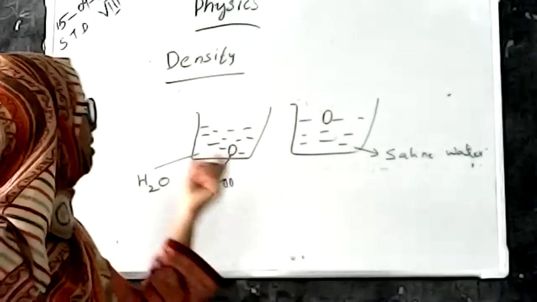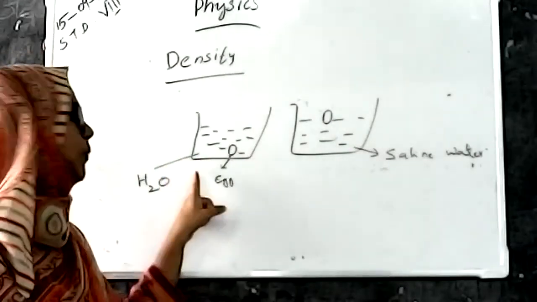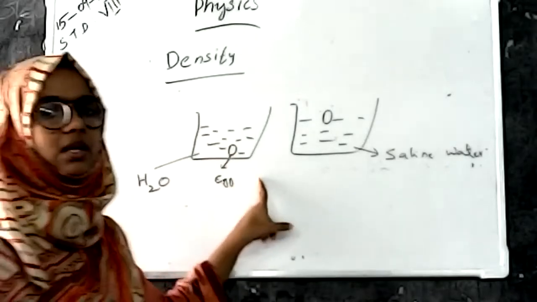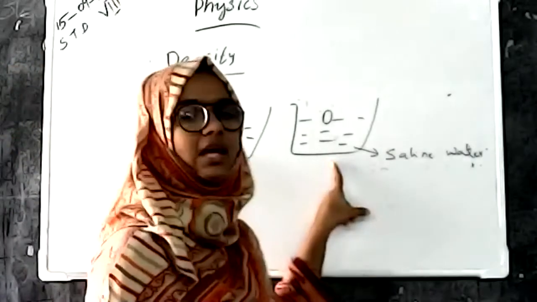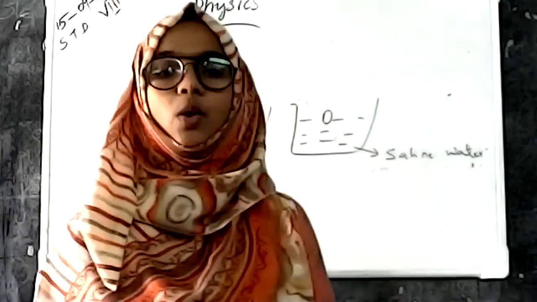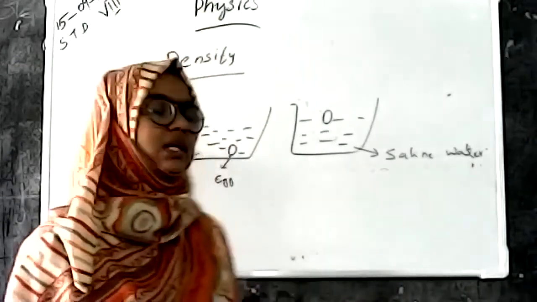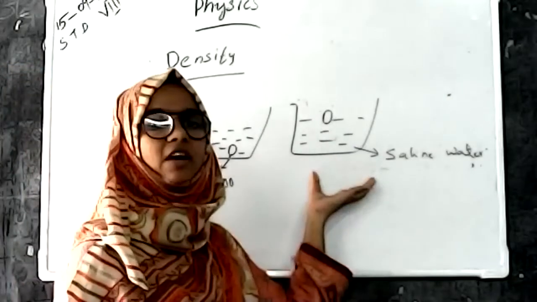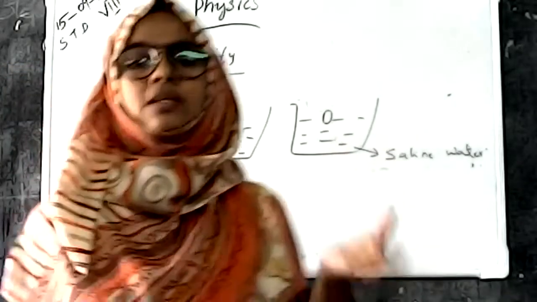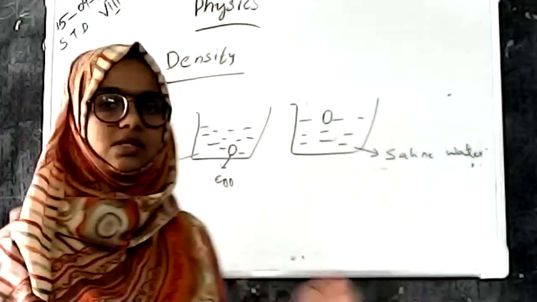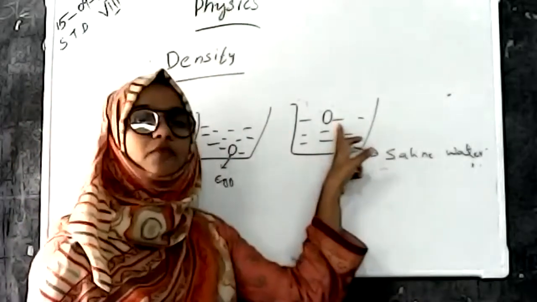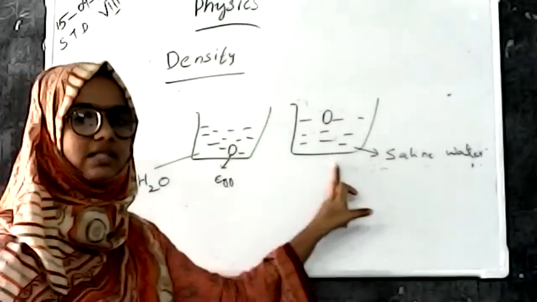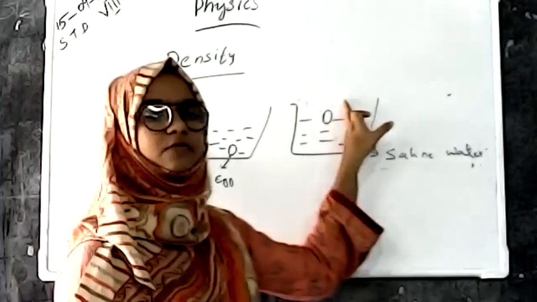When we put an egg into the pure water, the egg is immersed in the beaker, and in the saline water, the egg is floating. This is because the density of water and the density of saline water are different. The saline water has higher density, that's why the egg is floating here.